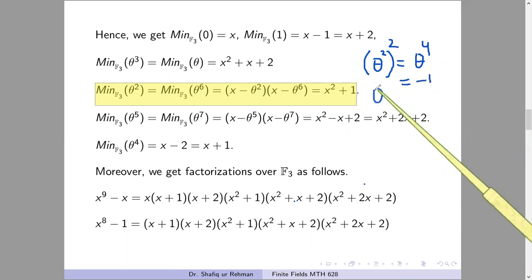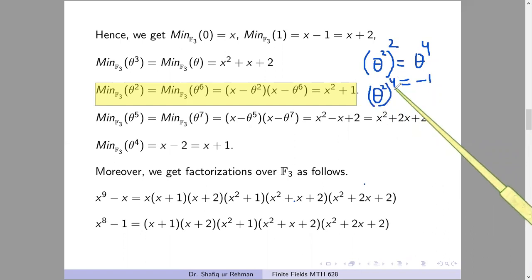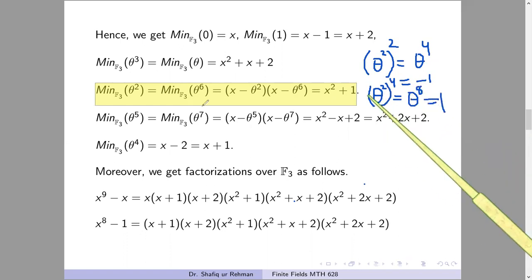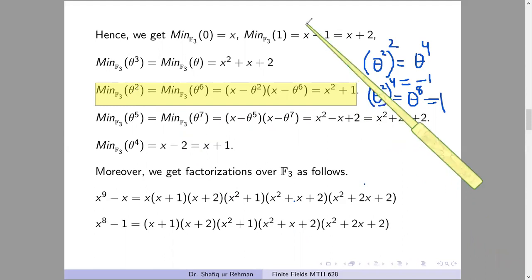So if we take its power 4 on both sides, we will get theta power 8, that is 1. So the order of theta square is 4, not 8. So theta square is not primitive, but it has degree 2.